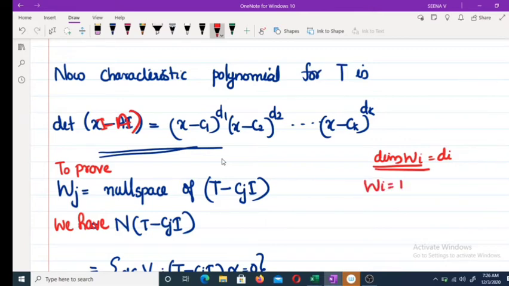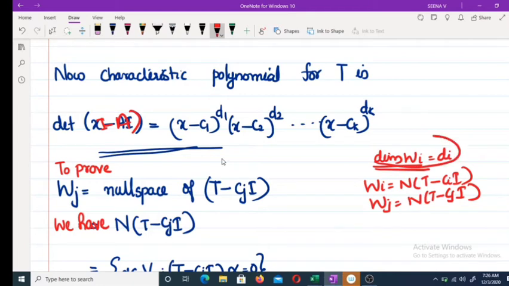Wi is the null space of T minus Ci I. To prove the dimension of Wi equals di, it is enough to show that the nullity, or dimension, of this space is equal to di.